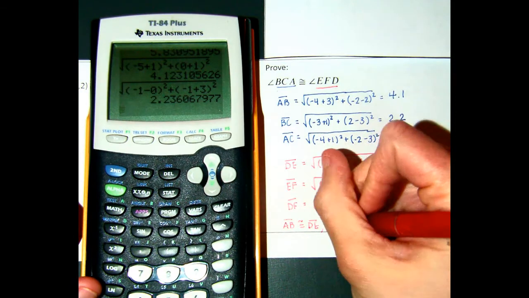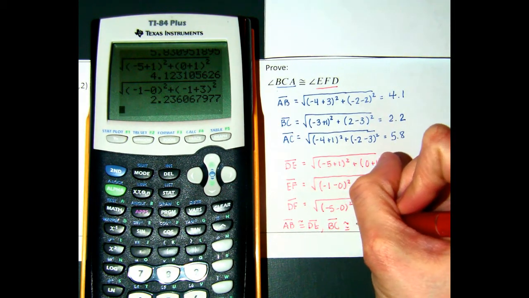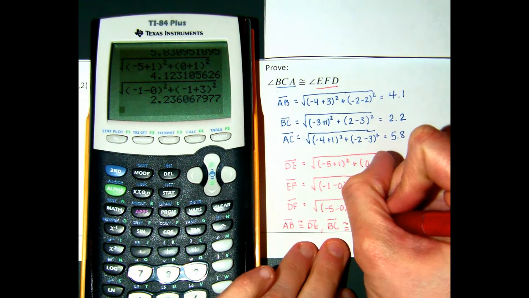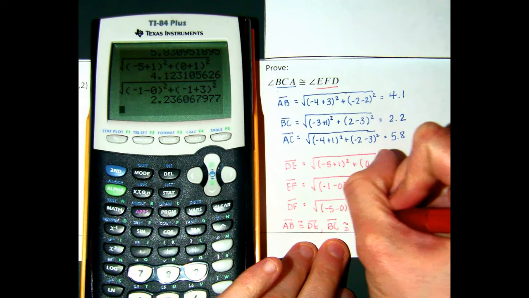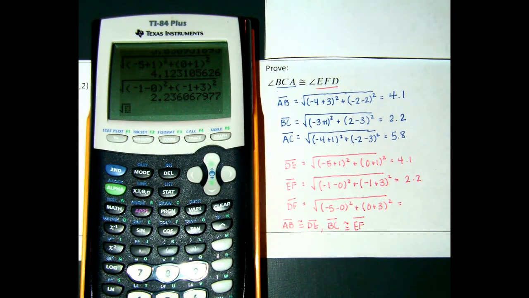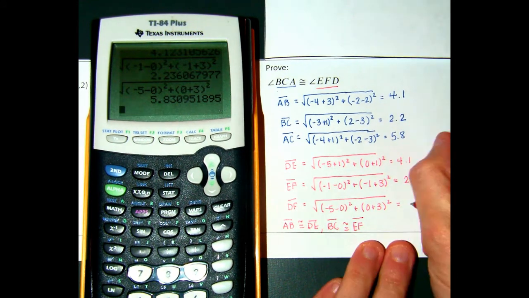So BC is congruent to EF. Okay, and last DF. Negative 5 minus 0 squared plus 0 plus 3 squared is 5.8, which is what we need.